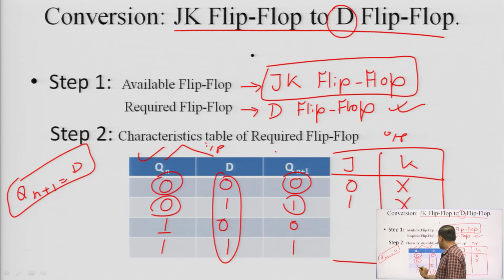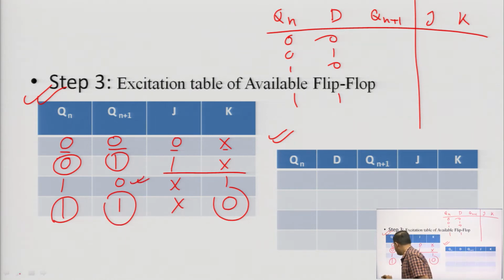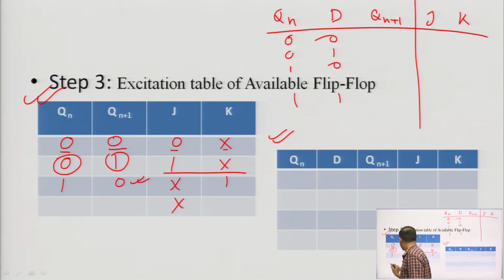Similarly, here Qn is 1 and Qn plus 1 is 0, so there we will have cross 1.